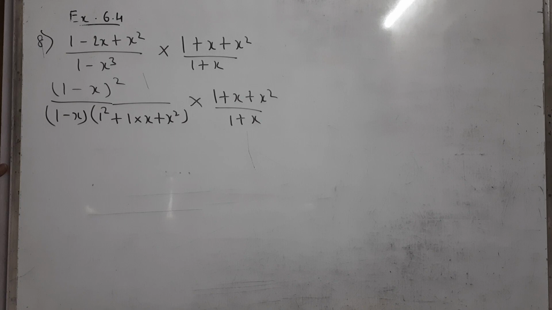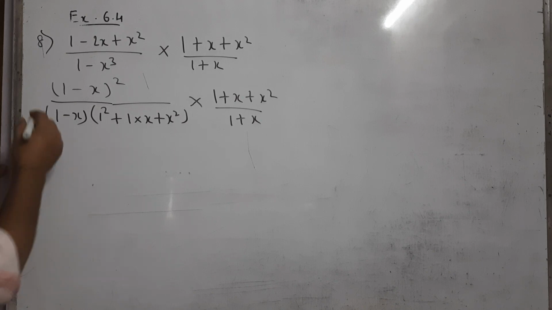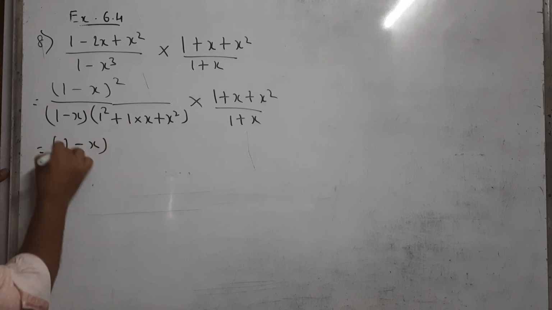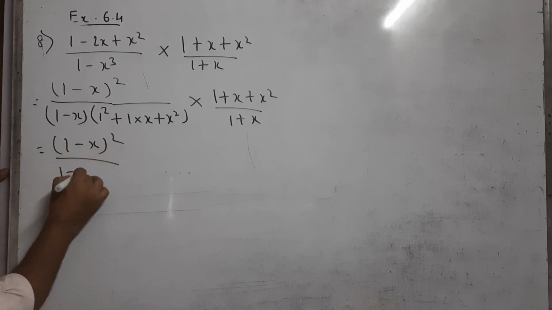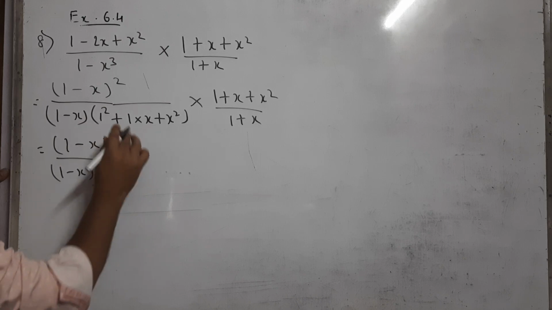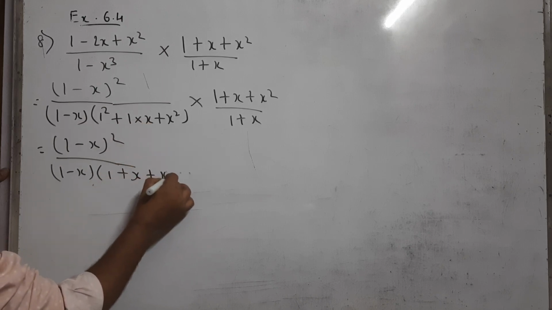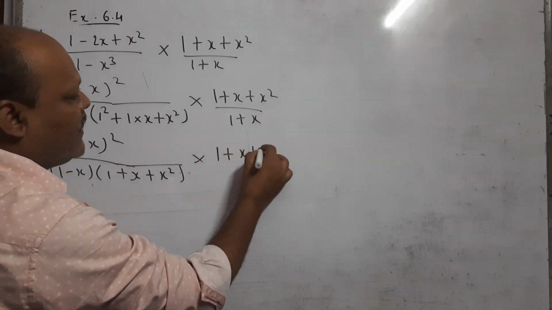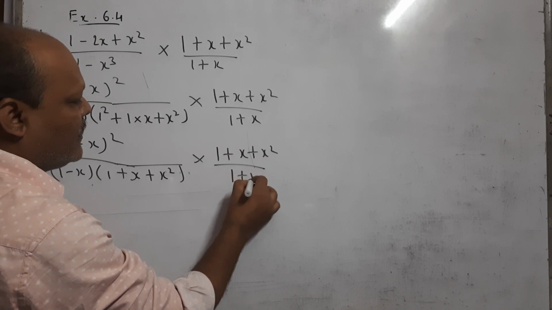I hope all of you understood till here. So here what you are going to get, we will repeat it again, the same thing, 1 minus x whole square. Here 1 minus x, 1 square is 1, plus 1 into x is x plus x square, into 1 plus x square upon 1 plus x.